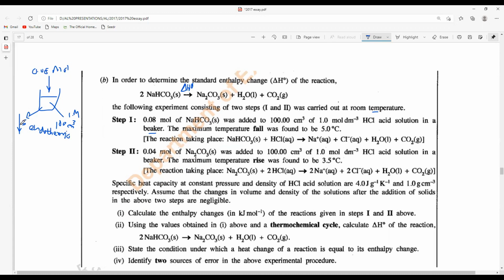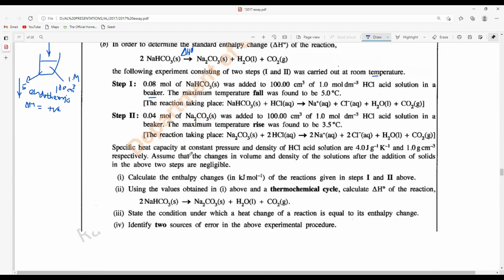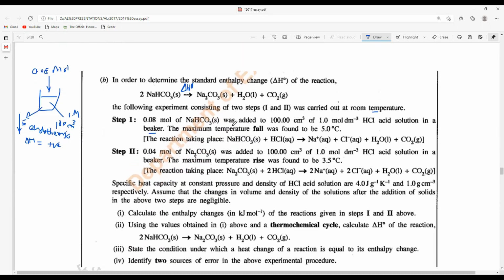Because the temperature has fallen, delta H should be positive. This is the reaction that is taking place, NaHCO3 with HCl giving Na plus. This is the reaction that is going to happen.